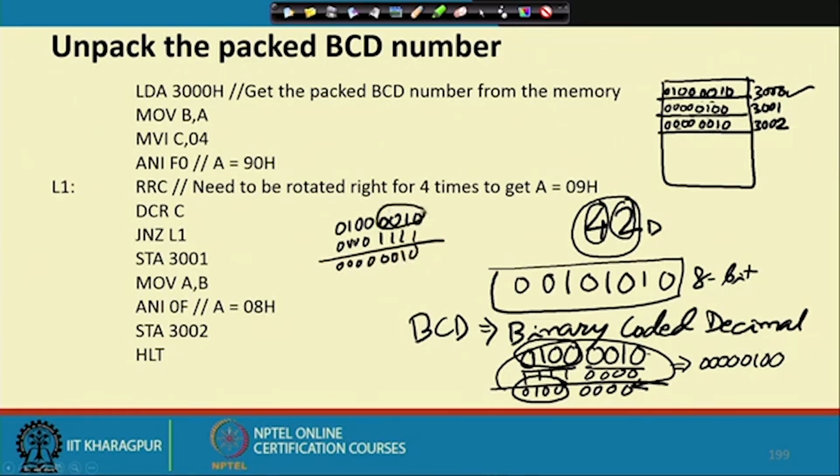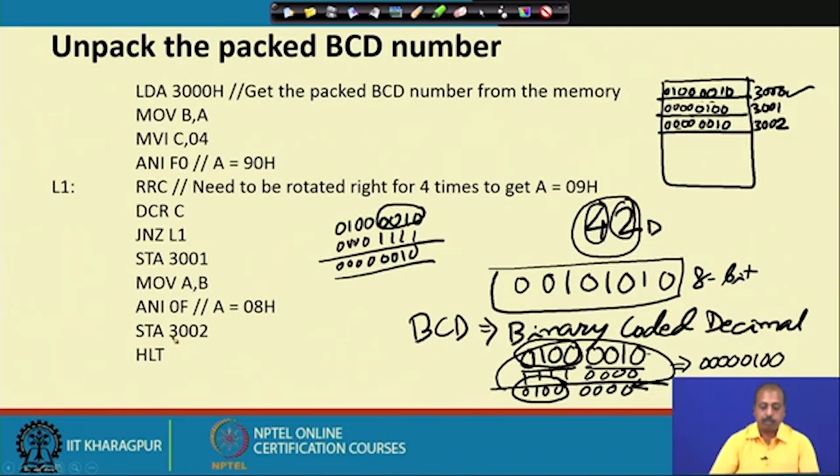You get back this part here, and the other bits will be 0. Here we do not need to rotate anything, because this is the pattern that I want to store. So, this value will be stored in location 3002.